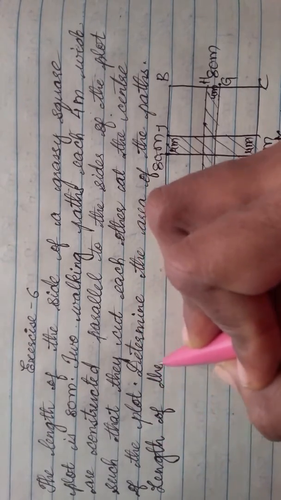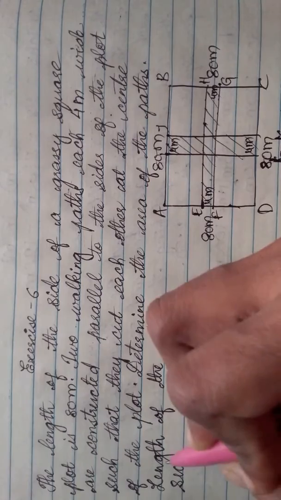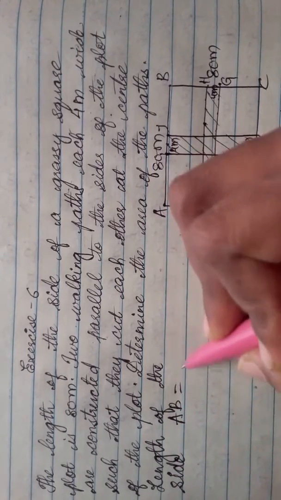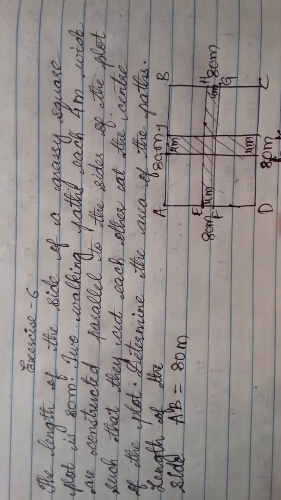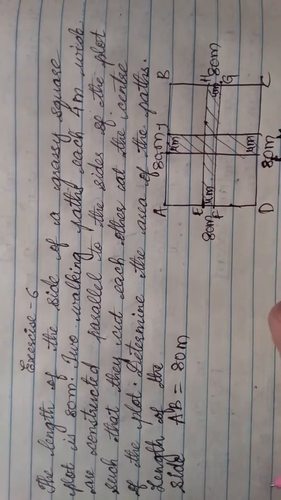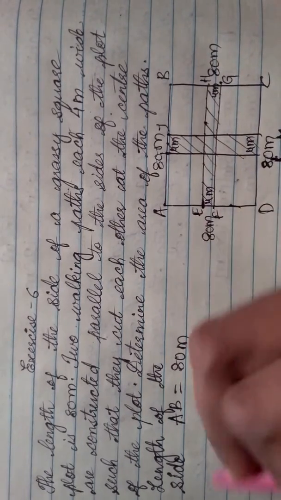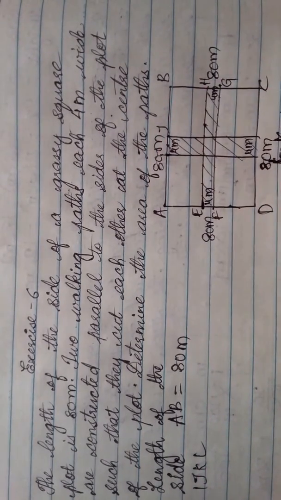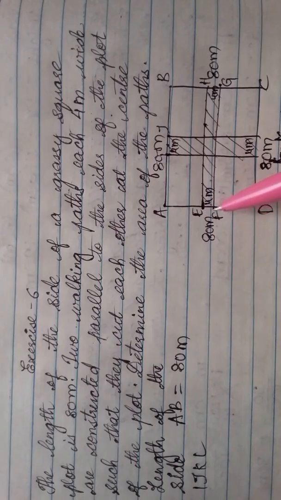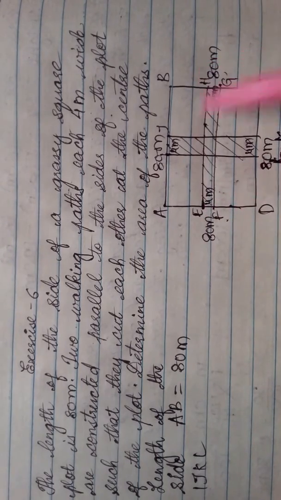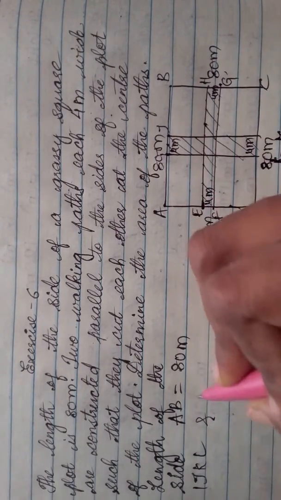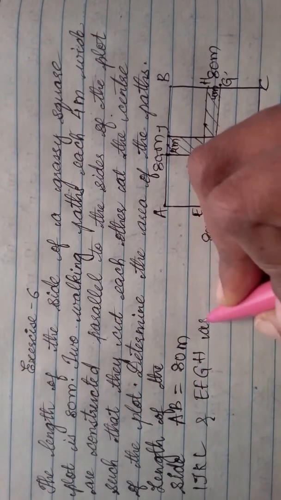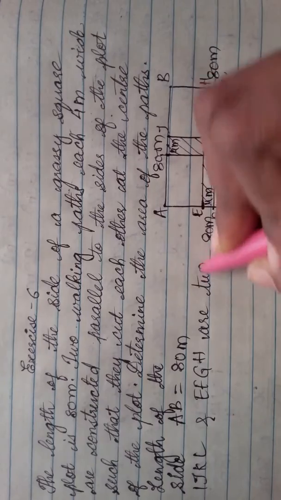Length of the side AB is equal to 80 meters. Now IJKL and EFGH are two parallel paths.